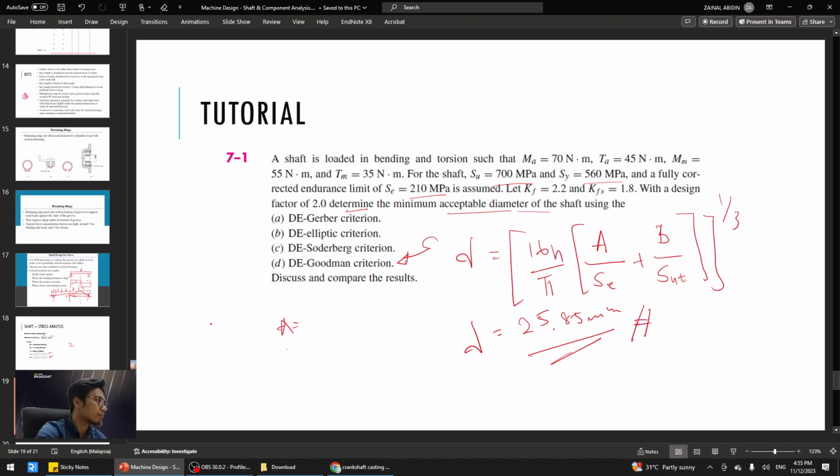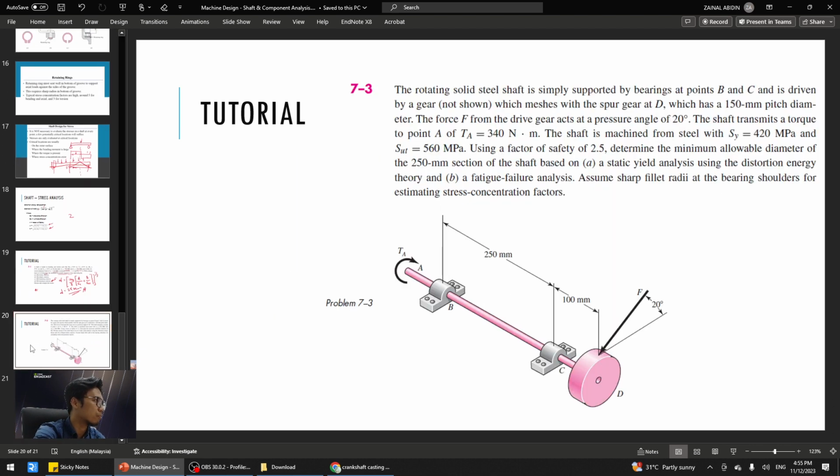Okay, and for this tutorial, it takes a long time because we need to consider a lot of reaction forces, because to solve this question you need to draw and you need to know the value of max moment of your problem.